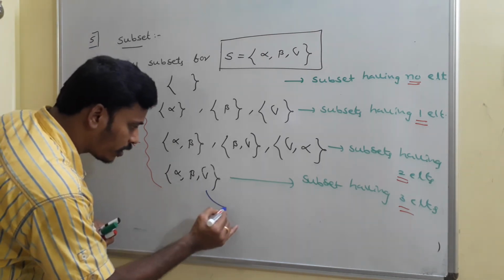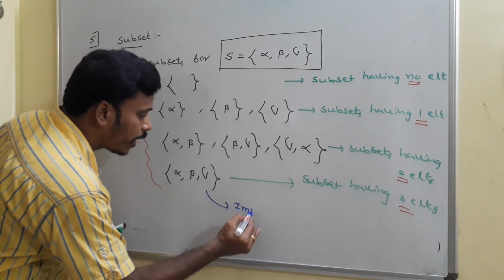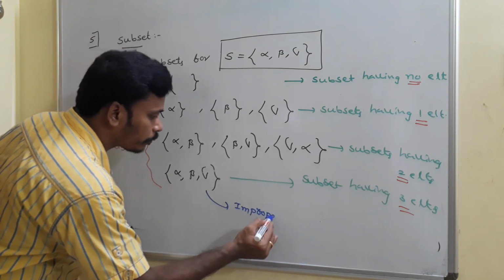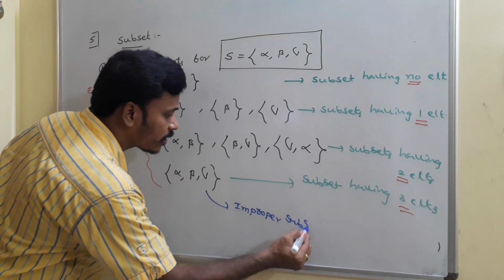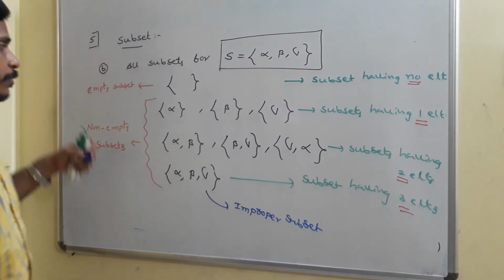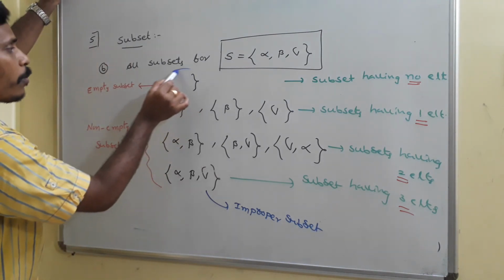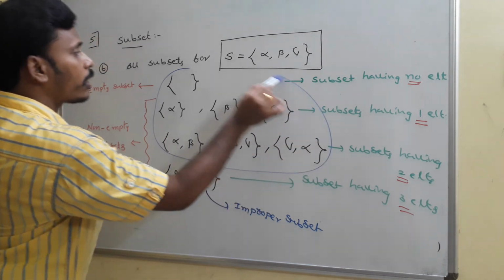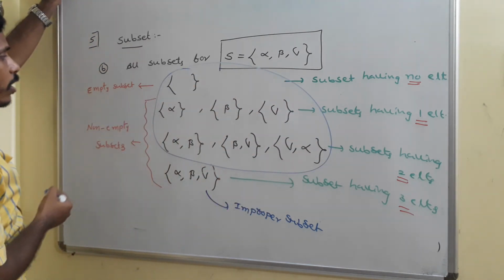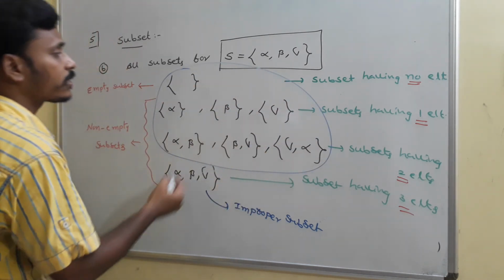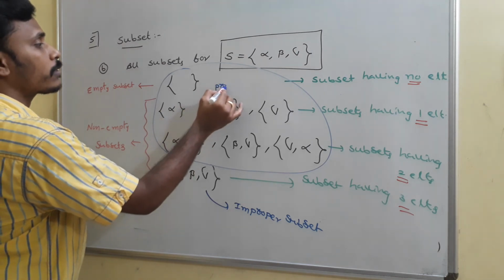Only this subset is mentioned as the improper subset. Since this last one is an improper subset, all the remaining subsets are termed proper subsets.